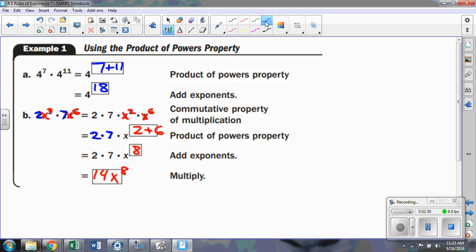Without the guidelines, without all the tools, we can do this with a lot less writing simply by recognizing that numbers get multiplied with numbers. 2 times 7 equals 14.